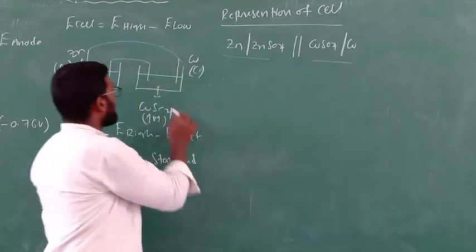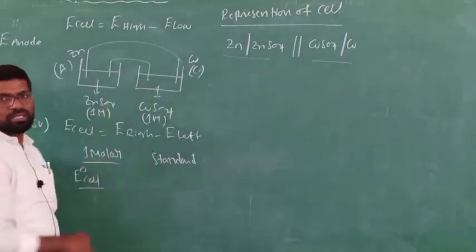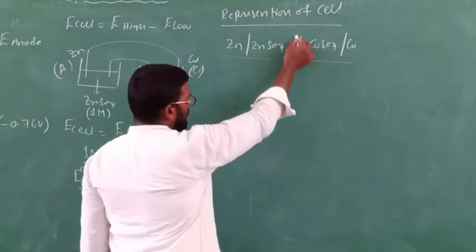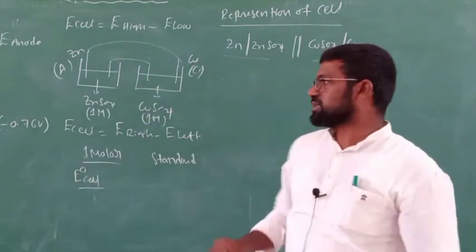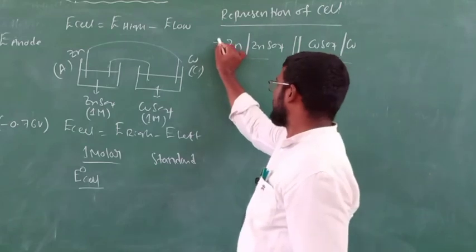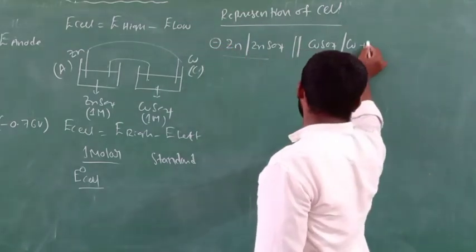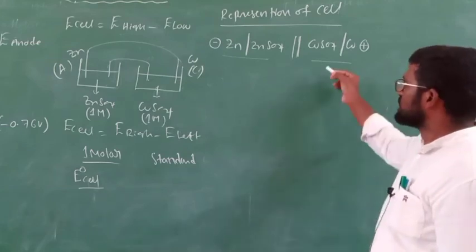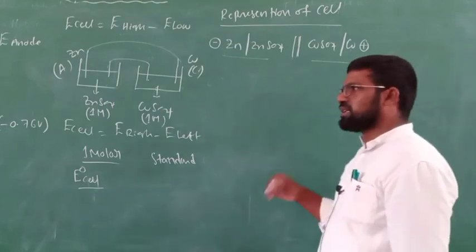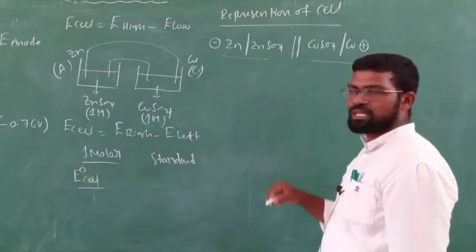Both half cells are connected by a salt bridge, and it is represented by two parallel vertical lines. Since the anode has negative charge and the cathode has positive charge, we can mention their symbols also. So it is a very simple representation. If any cell is given, you can represent it like this.